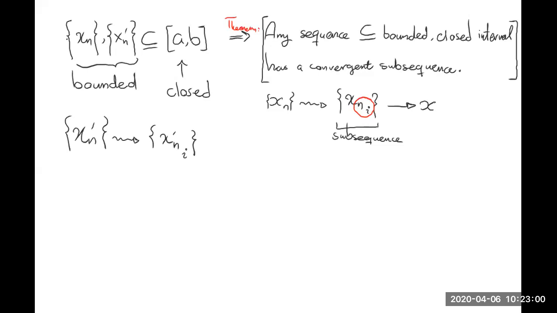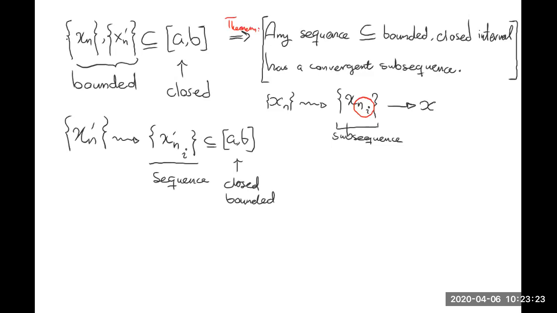The important thing is that this is still a sequence, not necessarily convergent. It's just a sequence inside this interval. But again, this interval is closed and bounded, and any sequence inside a closed and bounded interval has a convergent subsequence.